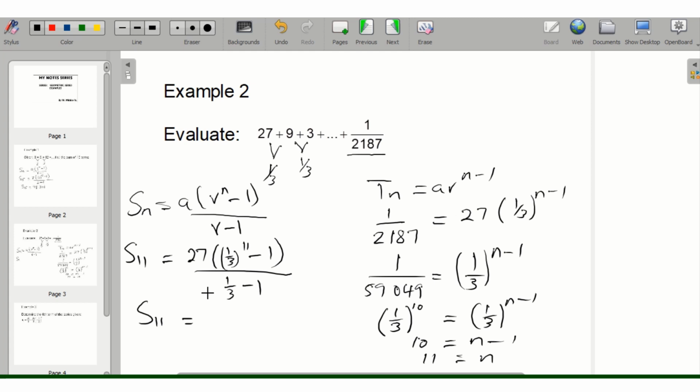Now, technically speaking, we need to use the other formula that says 1 minus r to the power n. But regardless, they both give the same answer, so we are fine. So once you have done that, you would be able to identify your sum.